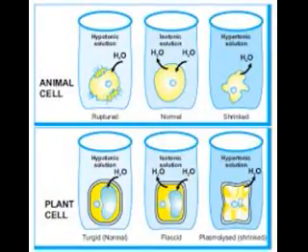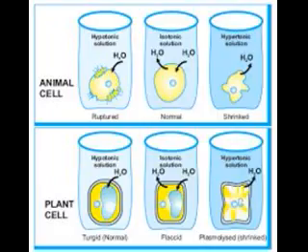Isotonic solution. If the concentration of water molecules in the solution is the same as that of the cell, there will be no net movement of water molecules across the membrane. Water molecules can move from an external medium into the cell and vice versa. However, the net movement of water molecules is zero.